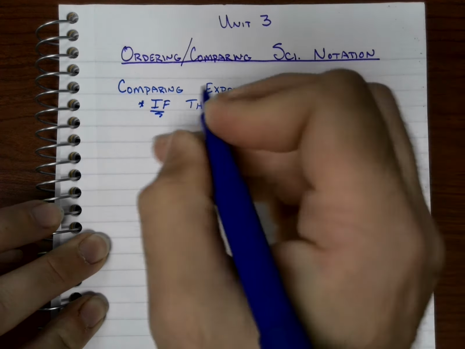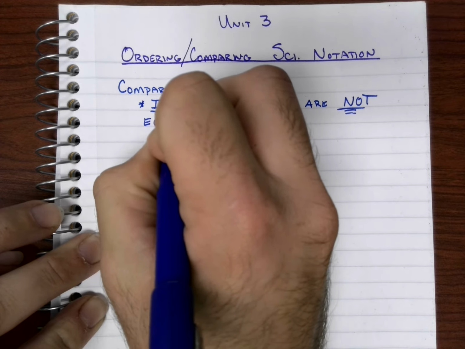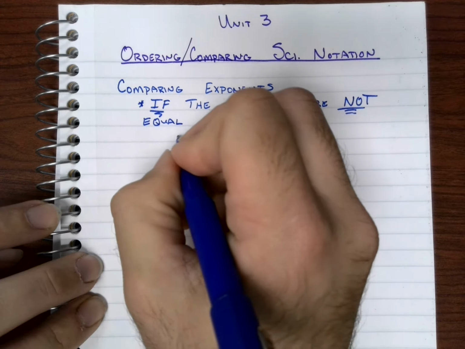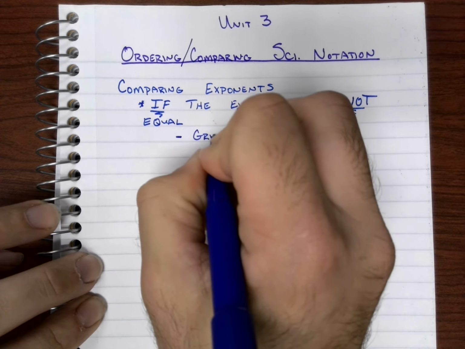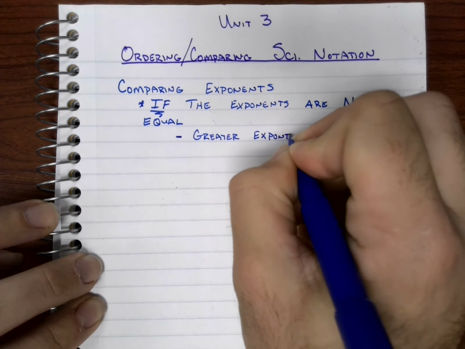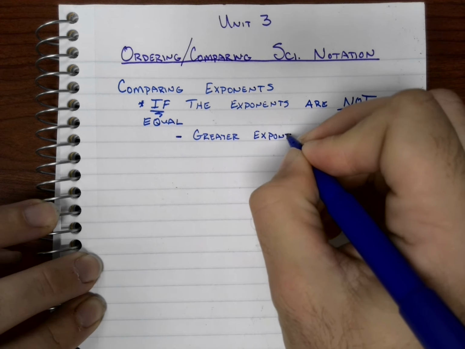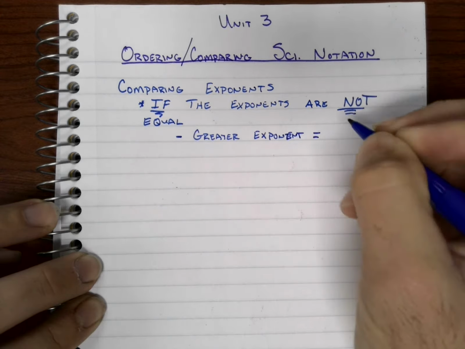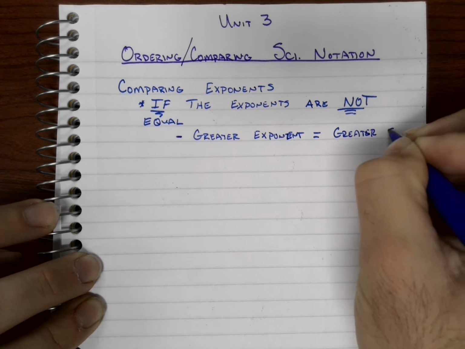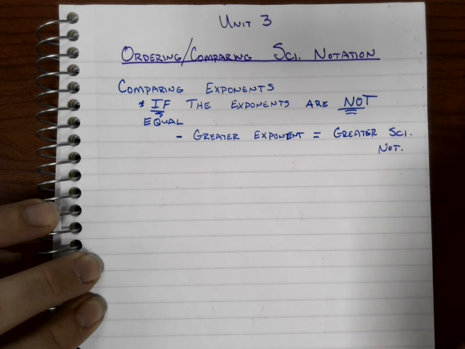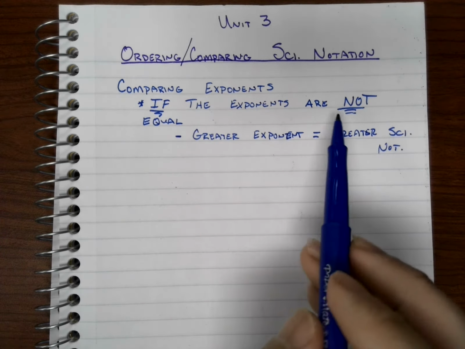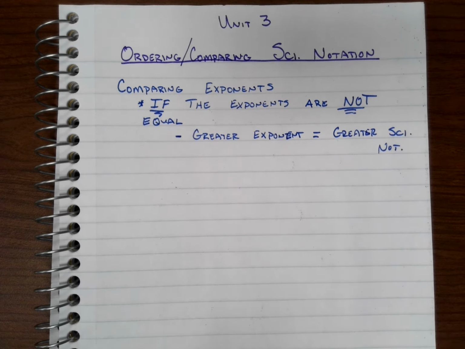If they're not equal, what's going to happen is the greater exponent means it's the greater scientific notation. Whichever one has the bigger exponent means it is the largest number.